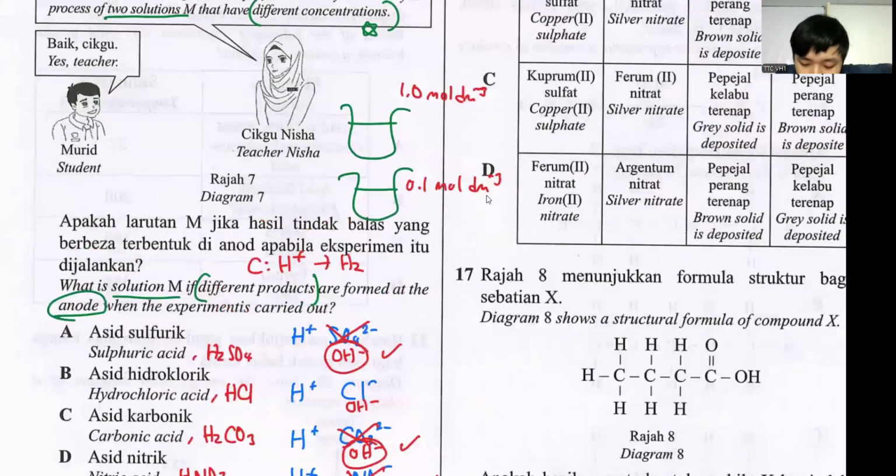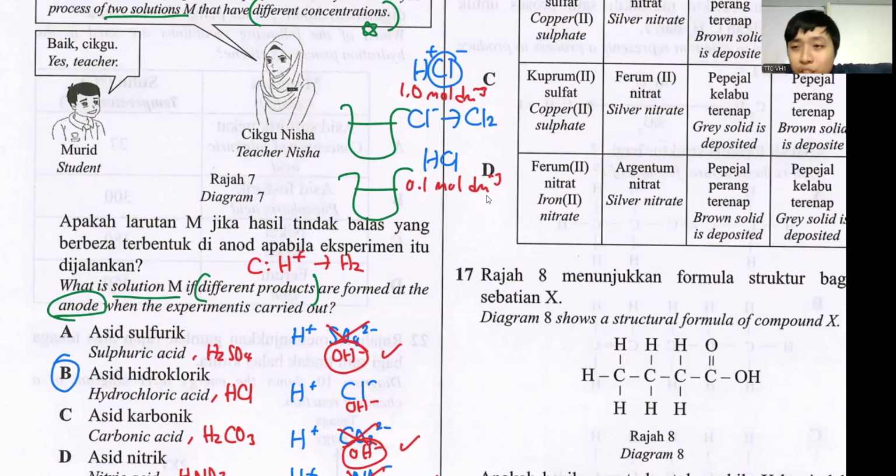If it is high concentration, the answer is B. If it is high concentration, like for HCl, then Cl- undergoes oxidation to become Cl2, a greenish yellow gas. If the concentration is very low, then you don't choose Cl-. We choose OH- hydroxide ion to undergo oxidation, becoming oxygen gas. A dilute Cl- cannot undergo oxidation, only OH- can, and then you get your colorless oxygen gas.